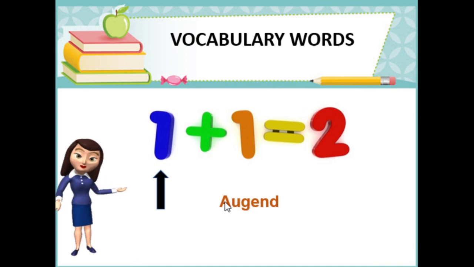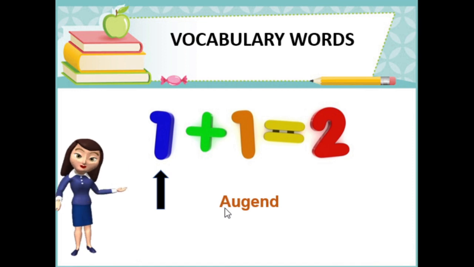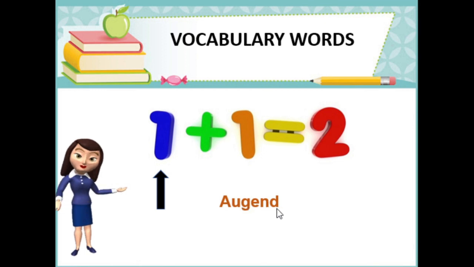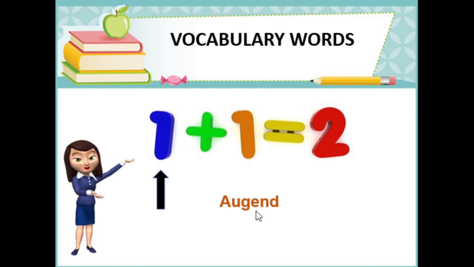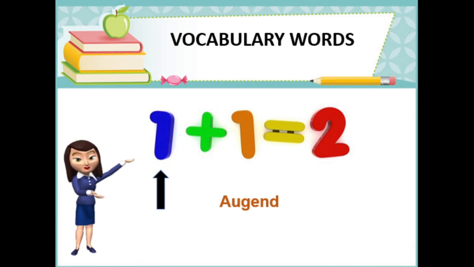Again, repeat after me. Augend. It's spelled A-U-G-E-N-D. Augend. Okay, this number here is an augend. What is this?